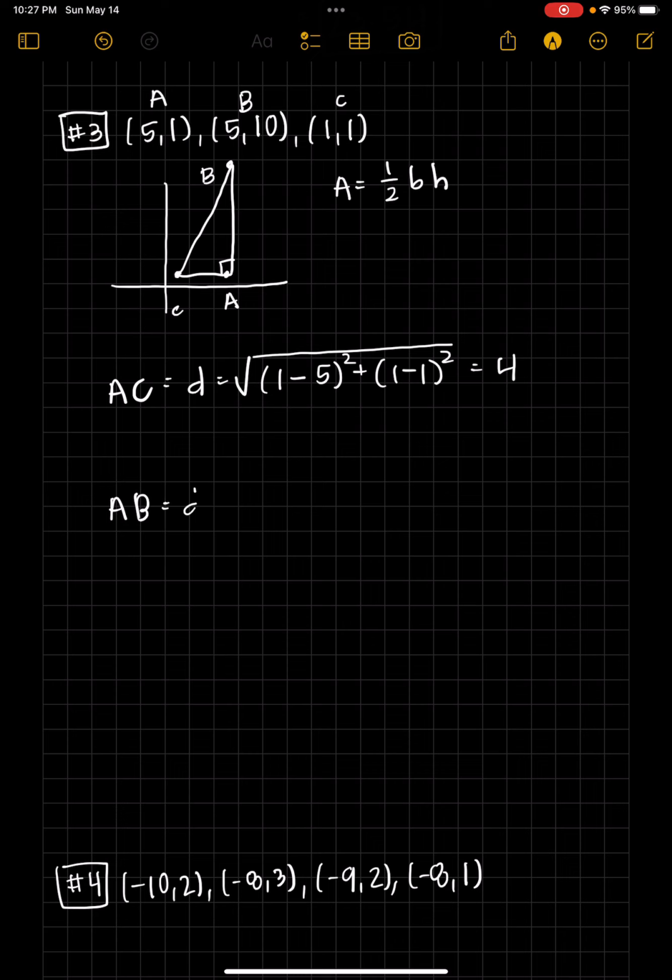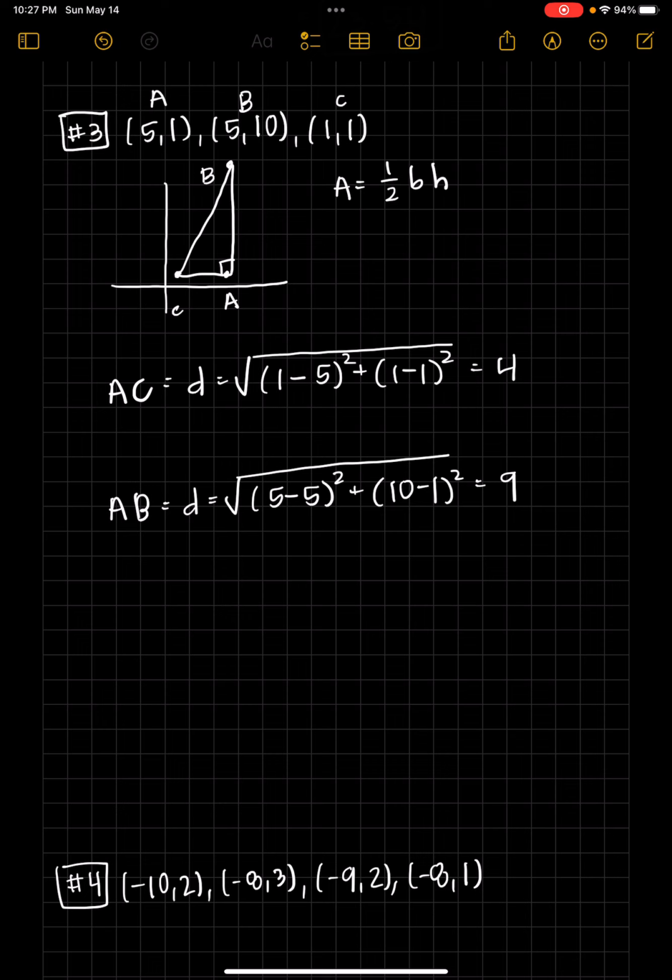Then let's do from A to B. I'm going to use B as my second point, so I'm going to say 5 minus 5 squared plus 10 minus 1 squared, which gives me 9. And I think I set all of these up, particularly for the area ones, so that they're really pretty numbers. So you shouldn't have too much trouble with these.